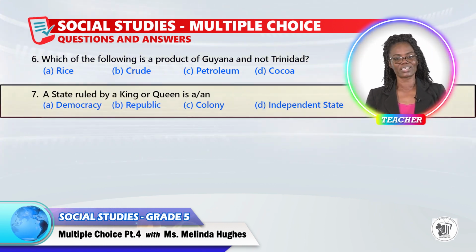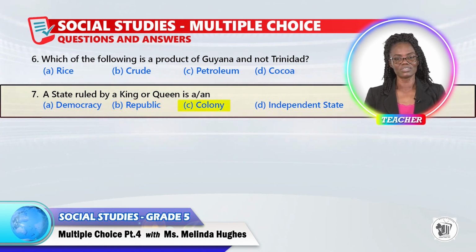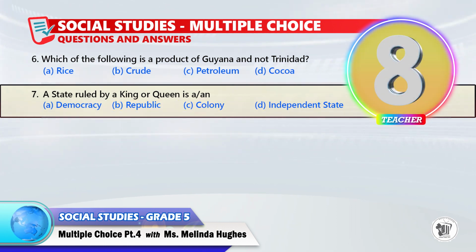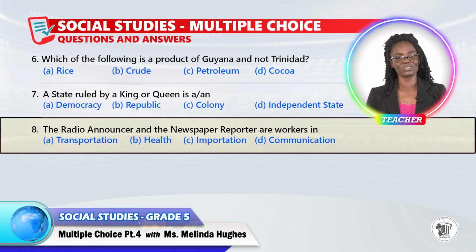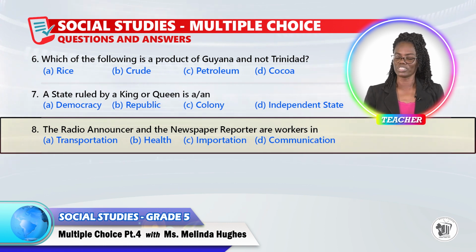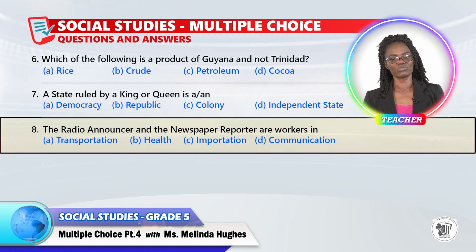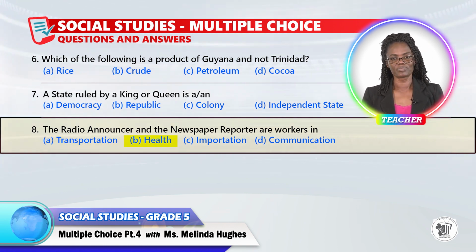A state ruled by a king or queen is a or an A, B, C, or D? Question 8. The radio announcer and the newspaper reporter are workers in A, B, C, or D?